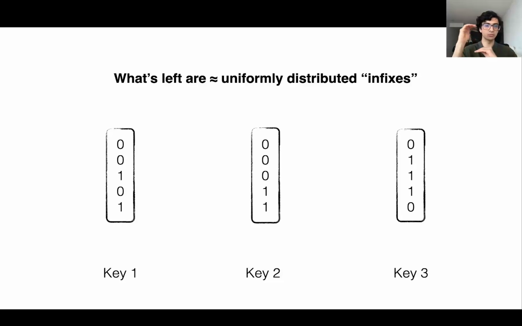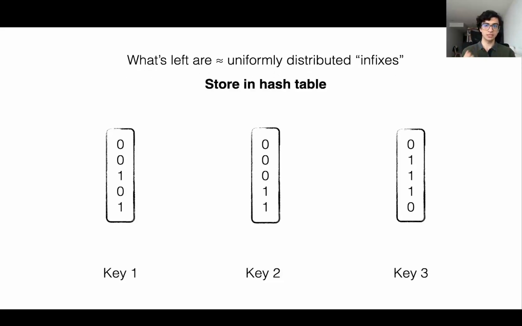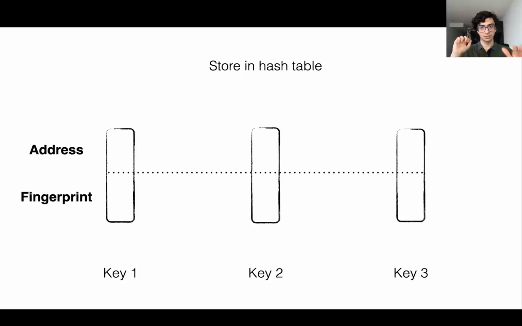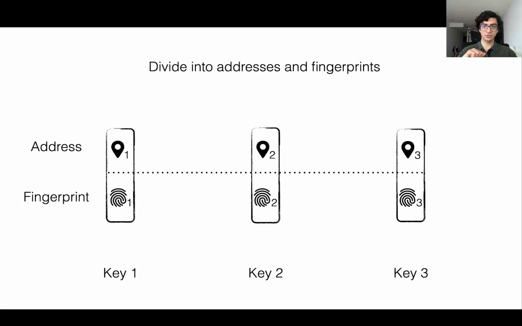So they look like small, uniformly distributed digests of the keys, which makes them ideal for storage in a hash table. We're going to be able to store these infixes very compactly because of the uniformity. Now, the way that's going to go is we're going to split each infix into an address and a fingerprint. You can think of each address as being 10 bits long because we want to map 1,000 infixes to 1,000 slots in our hash table.